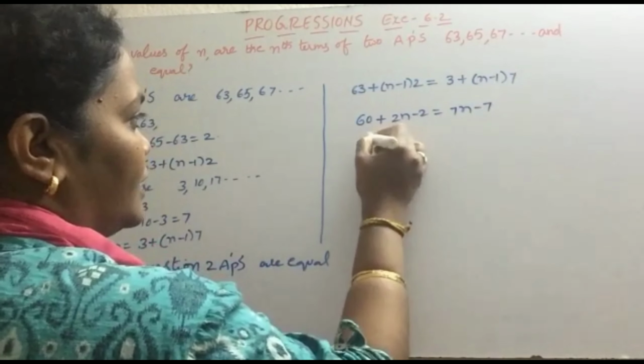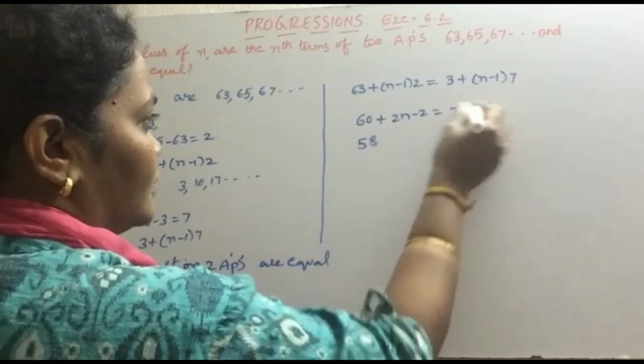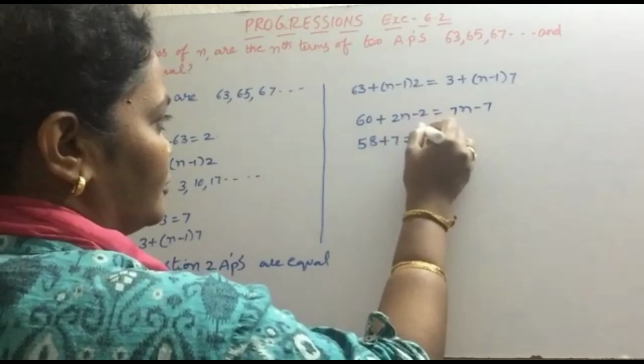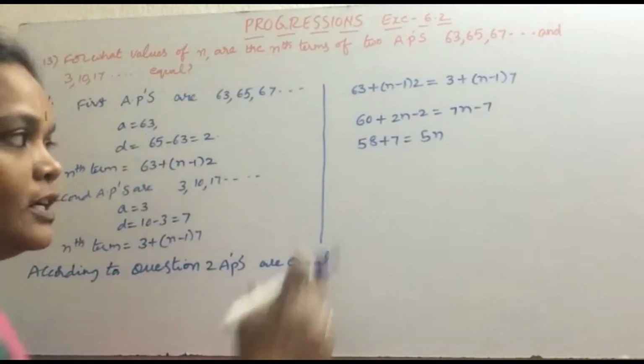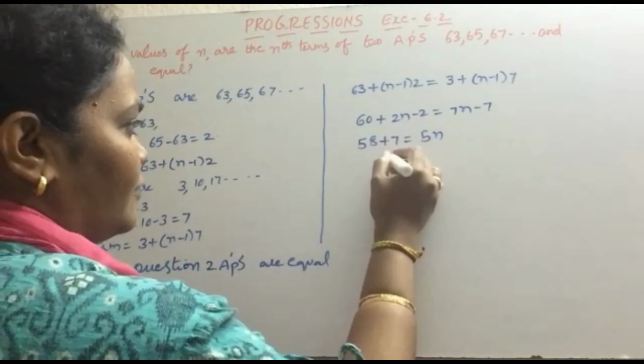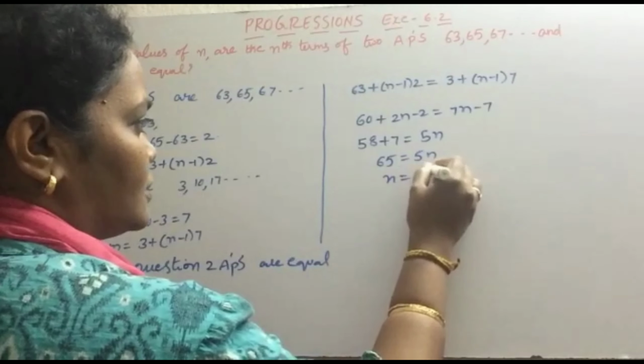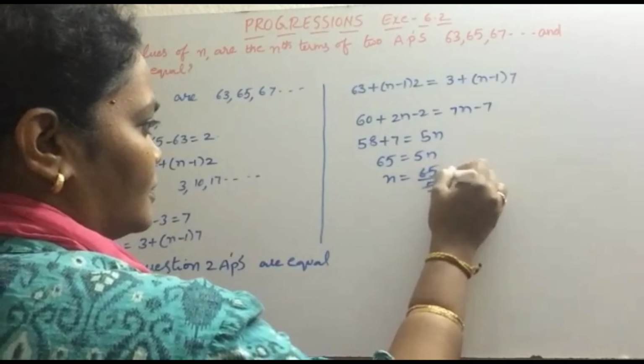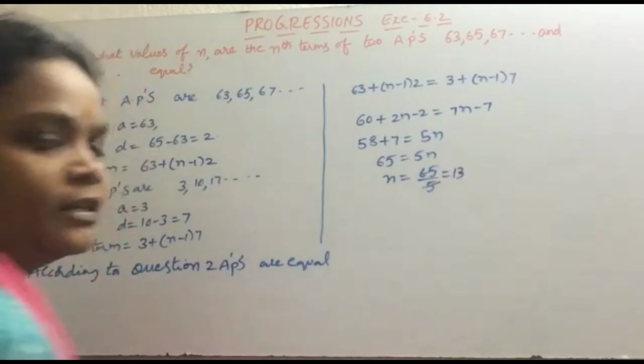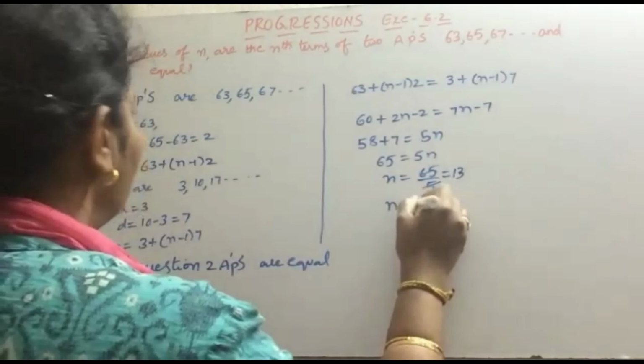That is 58 plus 7 equals 5n. 58 plus 7, 65, is equal to 5n. So n is equal to 65 by 5. That is 13. So n is equal to 13.